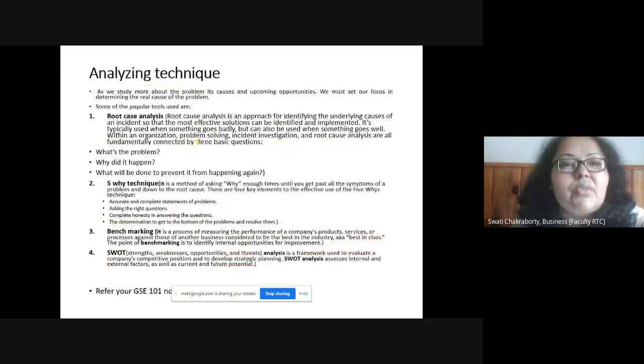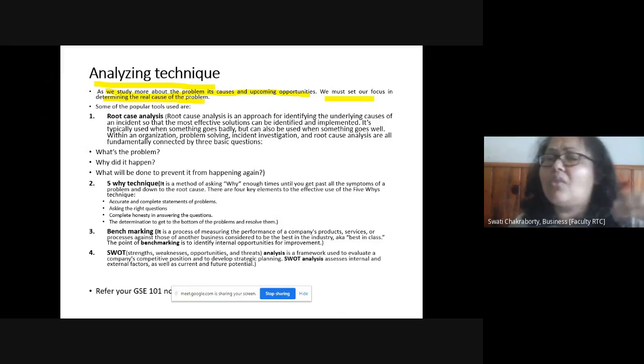Okay, so analyzing techniques. What are the various techniques that we have when you're using it? These are some of the techniques. As we study more about the problem, its causes, and upcoming opportunities, we must set our focus on determining the real cause of the problem. You need to find out the actual cause of that problem.